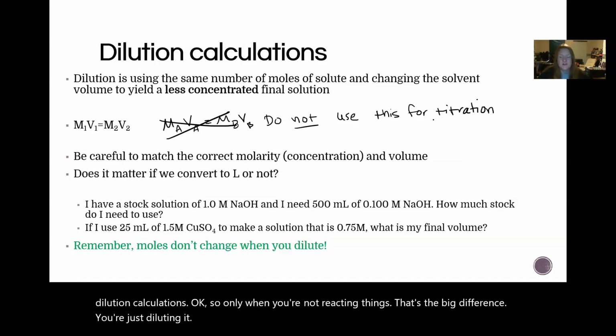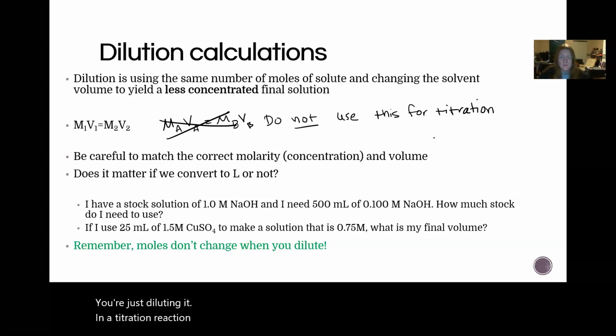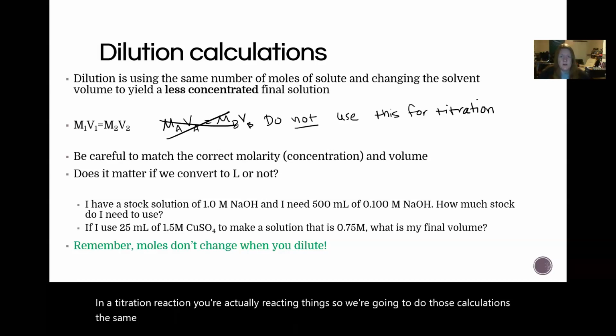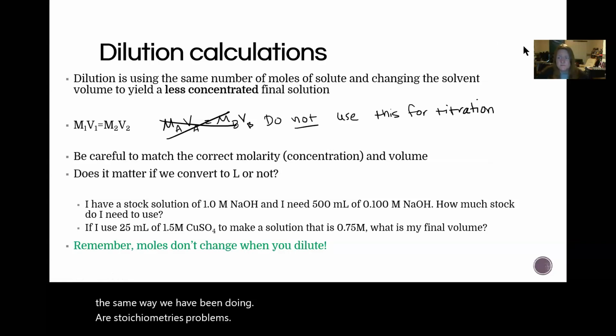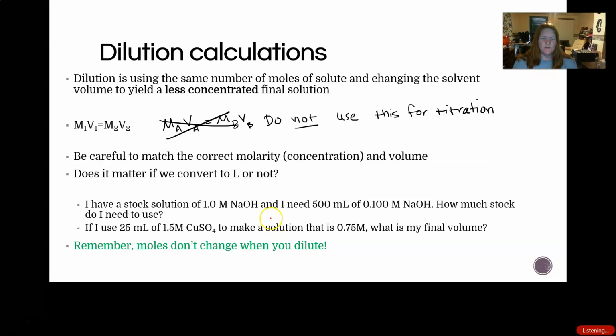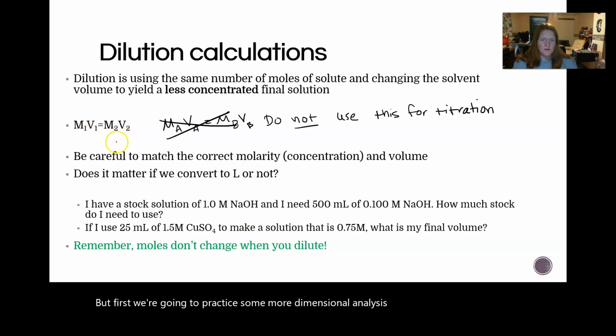In a titration reaction, you're actually reacting things. So we're going to do those calculations the same way we have been doing our stoichiometry problems. But first, we're going to practice some more dimensional analysis and dilution calculations. So we'll do titration in a minute.